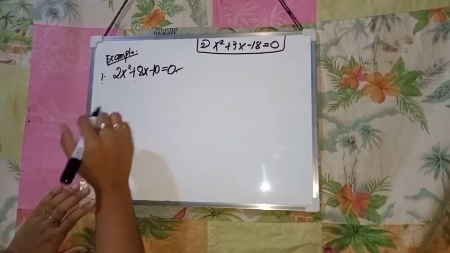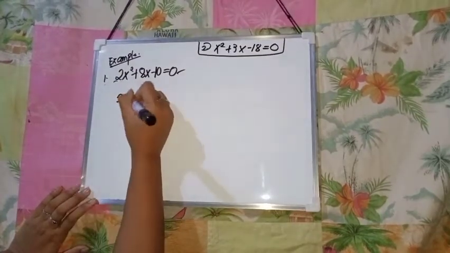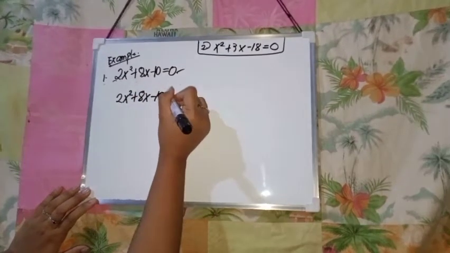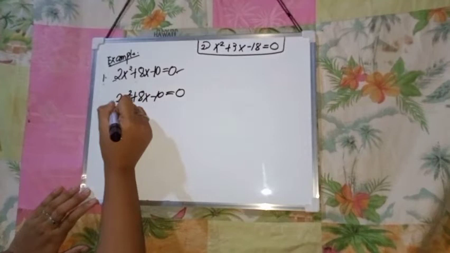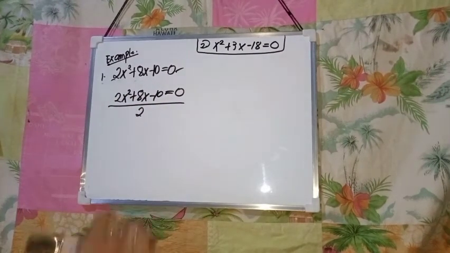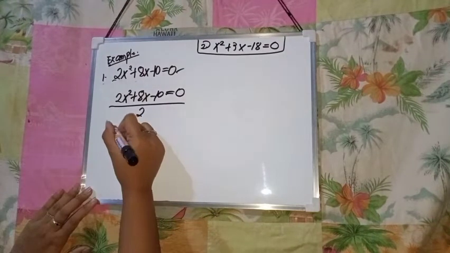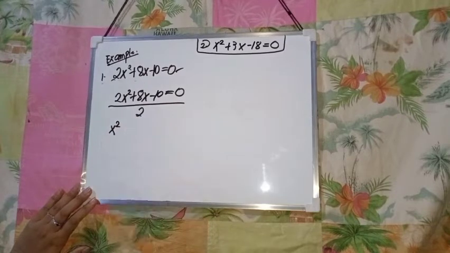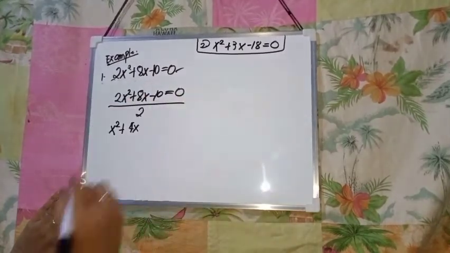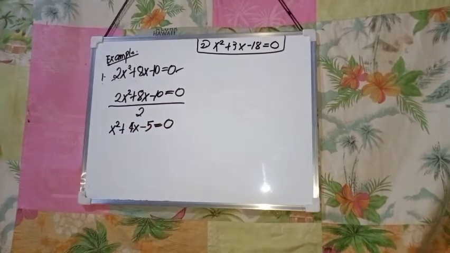The a in this equation is this 2. 2x squared plus 8x minus 10 is equal to 0, divided by 2. We need to divide everything by 2. 2x squared divided by 2 is x squared, 8 divided by 2 is 4, and negative 10 divided by 2 is negative 5, is equal to 0.